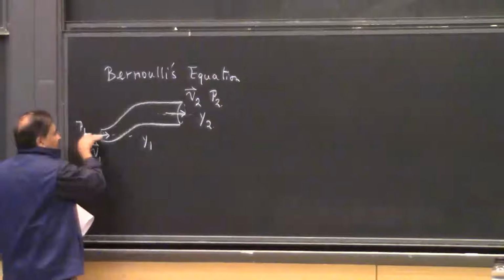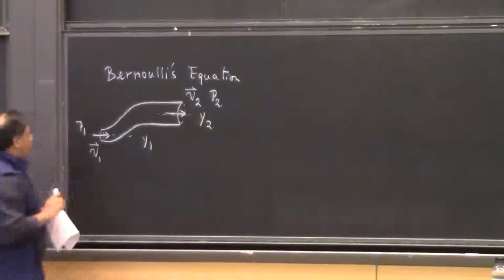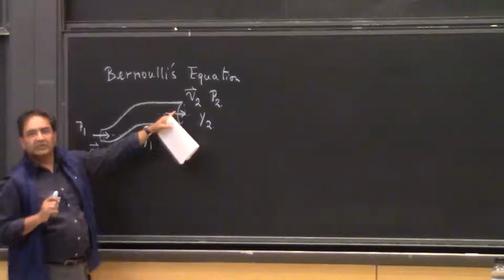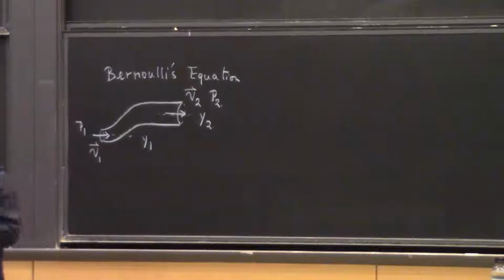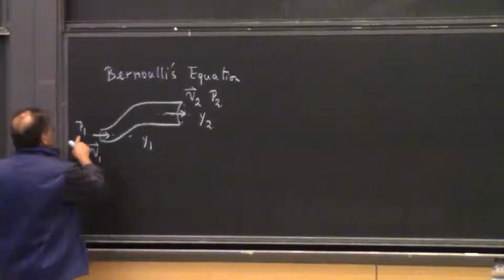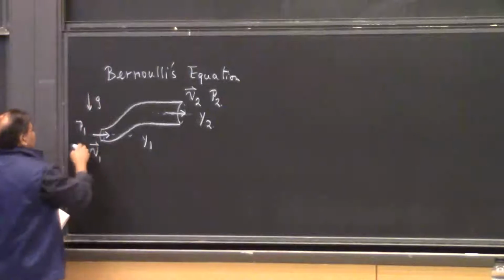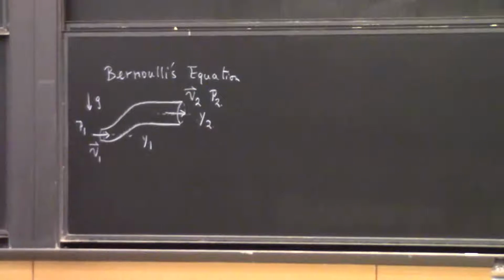So there is a certain velocity here, and there is a certain velocity there, and intuition tells us that the velocity here might be more than the velocity there, because as it goes up, the water flow velocity should go down, right? And also intuition tells us that because gravity is downwards, the pressure below is not quite the same as the pressure above. In fact, pressure above might be a little less than pressure below.